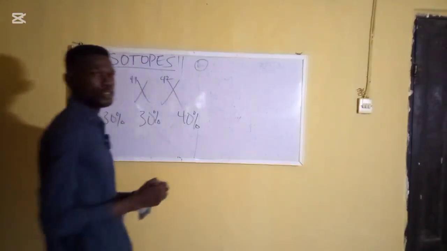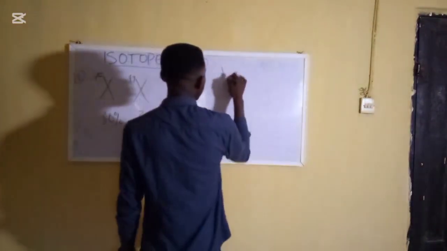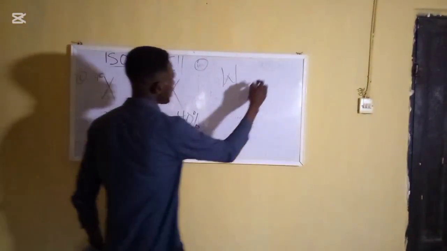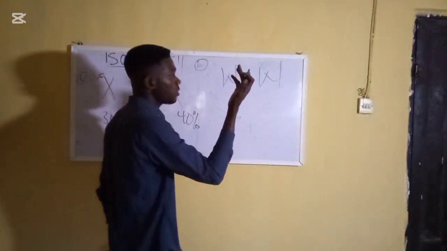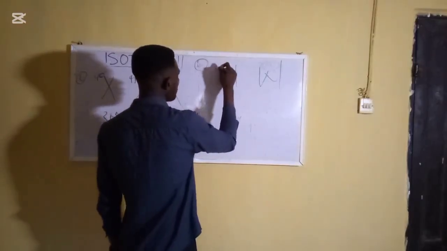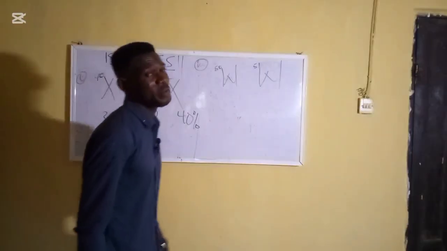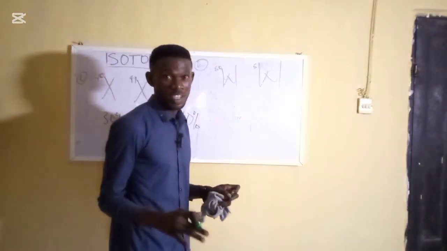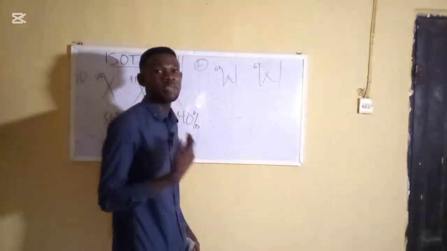Let's work with our number two. Our number two question, let's work with it in terms of ratios. Now, let's say our element is represented as W, and this other one too is W. In terms of their mass numbers, let's give it a figure of 50, and this one has 51. Now, bear in mind that W is actually tungsten, but we are working with it imaginary.